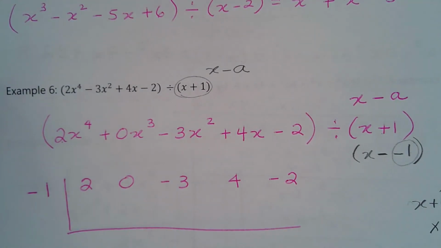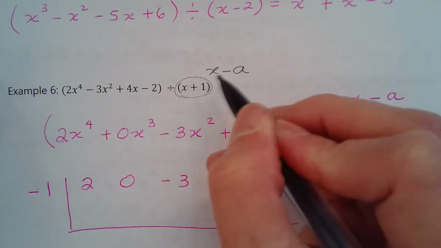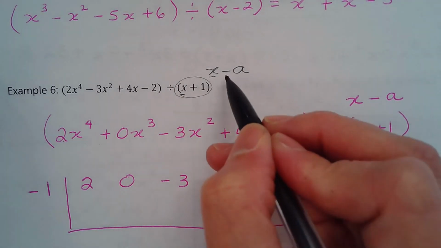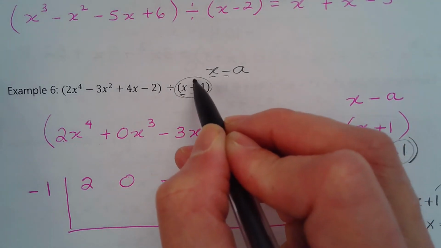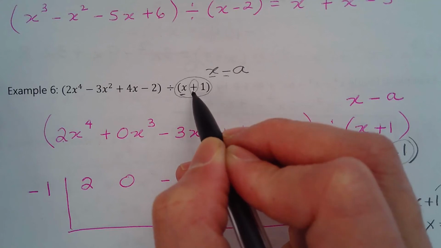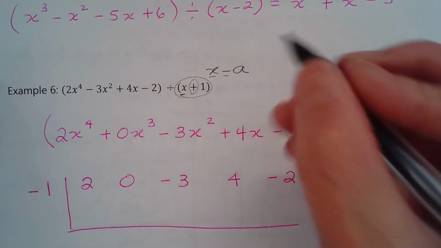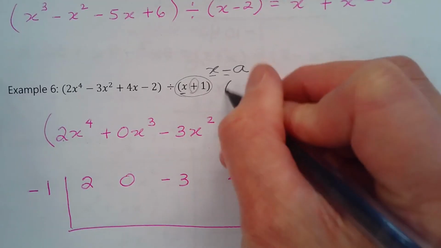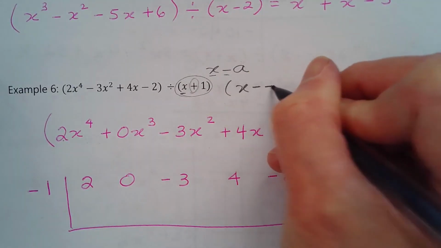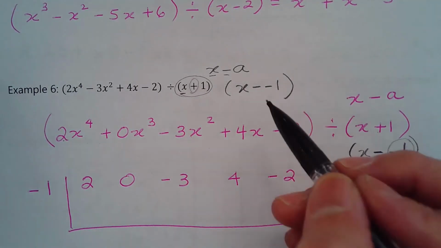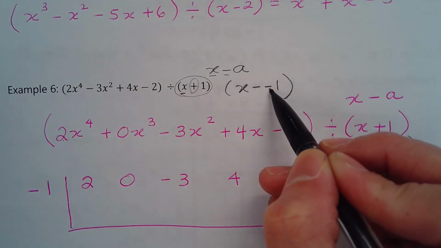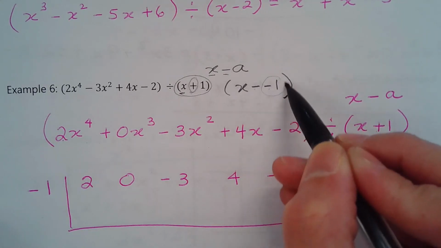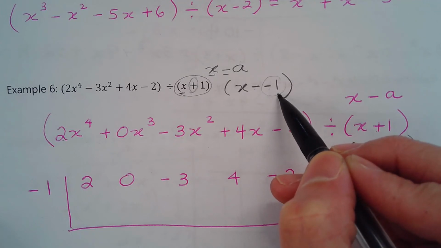So when you look at this one, x is x, and this one here is minus, but the problem is this one is plus. The reason why this is plus is because the a was negative 1. So if somebody put in x minus negative 1, the negative and negative, we saw the simplified version of that already. So the a is negative 1. Is that okay? Good.